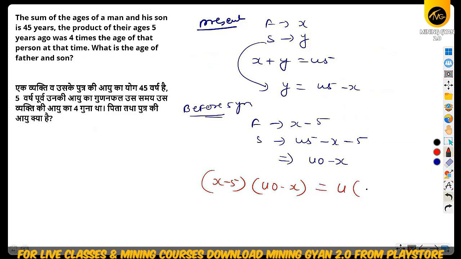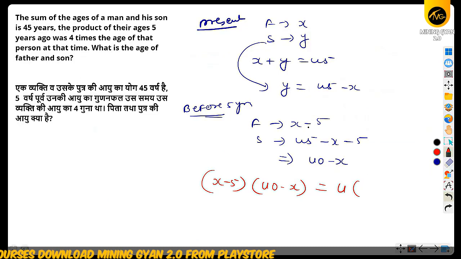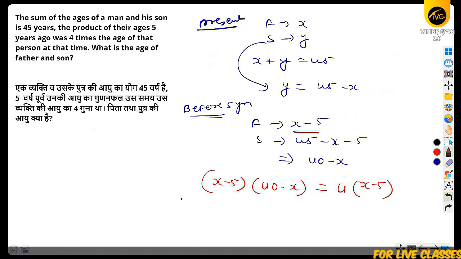That means 4 into the age of that person at that time. So x minus 5 is the age of that person, it means the age of the father. Now just find the value of x.